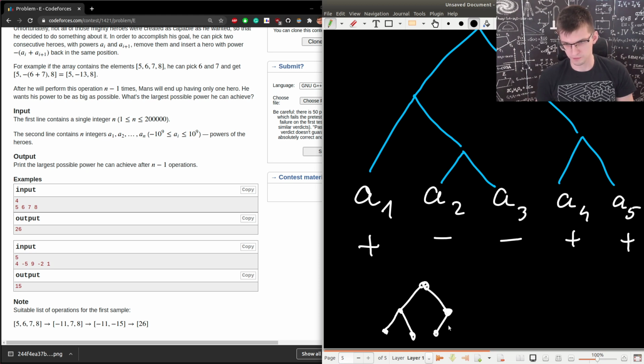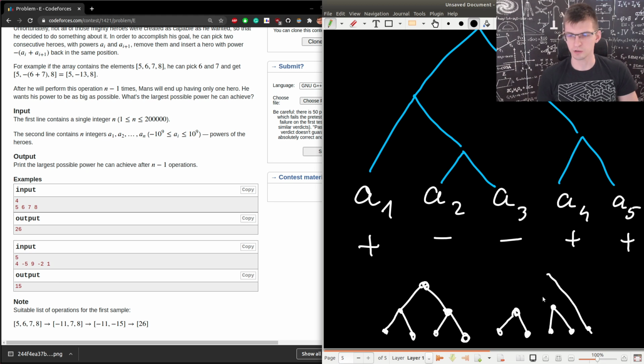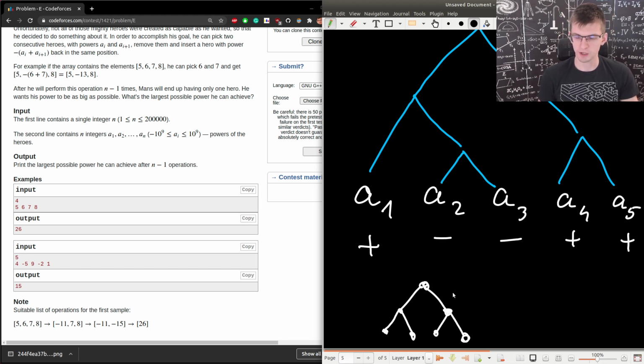Well, for 4 I can do this. For 5, maybe for 5 2 elements need to be taken with minus. Oh no, wait. It's not that. It might matter what the initial signs are.